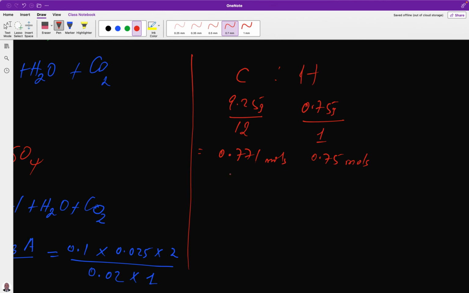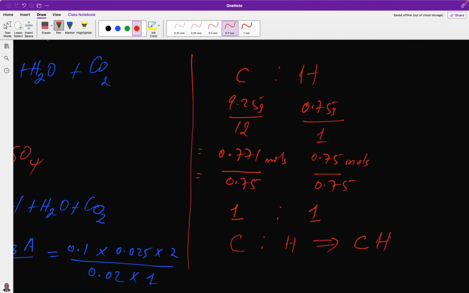Now, in order to have our final answer, we need to divide by the smaller. The smaller one is 0.75. Dividing by 0.75 and approximating, it will be 1:1. So 1:1 will be C:H, giving us an empirical formula of CH.